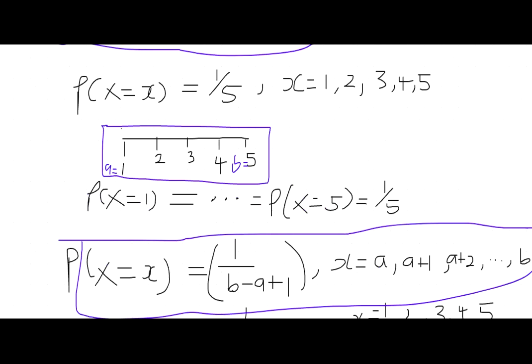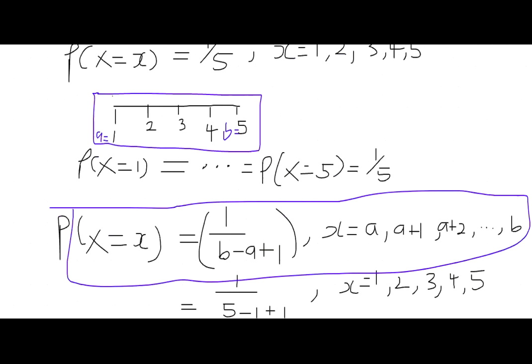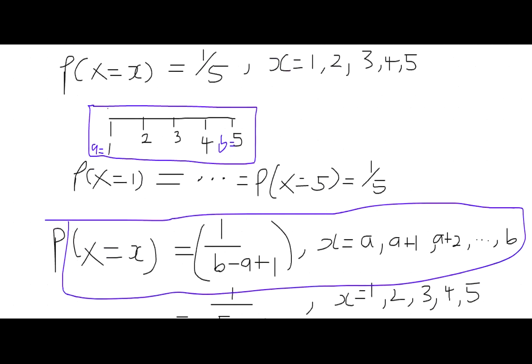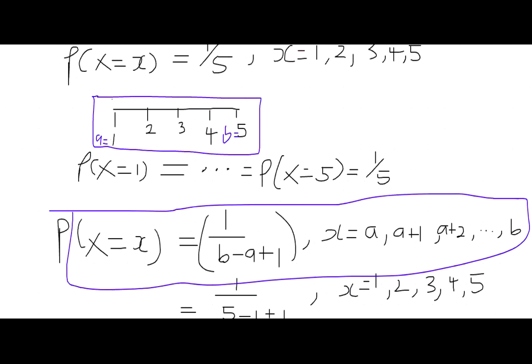This one from 1 to 5 is divided in such a way that each of the values has a probability: the probability that x is 1 is 1 over 5, the probability that x is 2 is 1 over 5, x is 3 is 1 over 5, x is 4 is 1 over 5, and x is 5 is also 1 over 5.